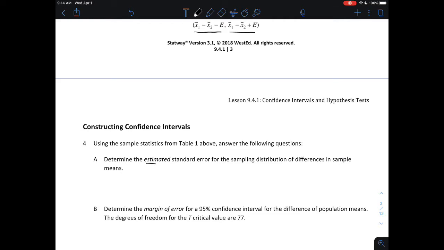The estimated standard error formula that we saw before is the square root of, and again, if you turn to the previous page, s1 squared divided by n1 plus s2 squared divided by n2.